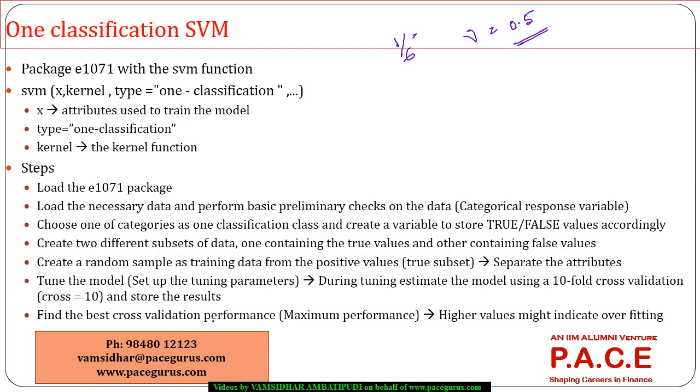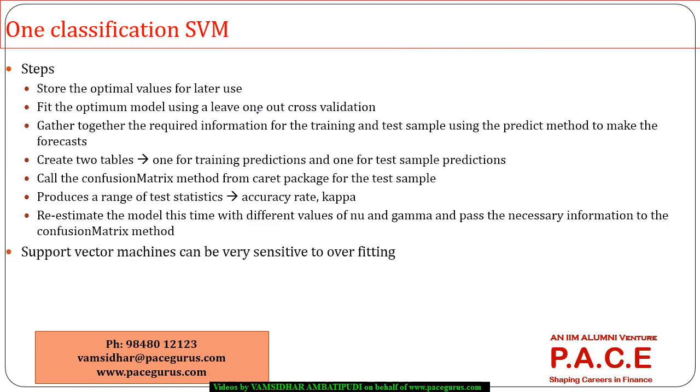So these are the things we have done. We have classified one of the categories as the one classification class. Find the best cross validation performance. The maximum performance is what we are more interested in. Then find the optimal model, and based on that get the values of the parameters.